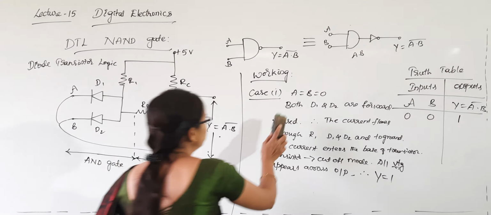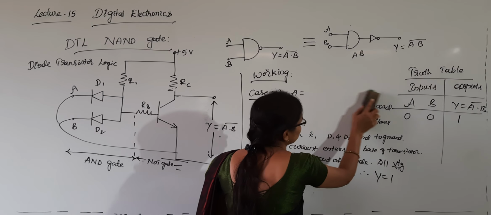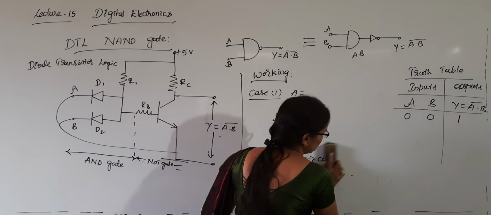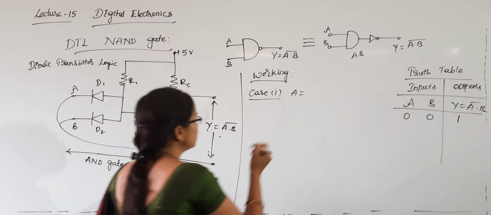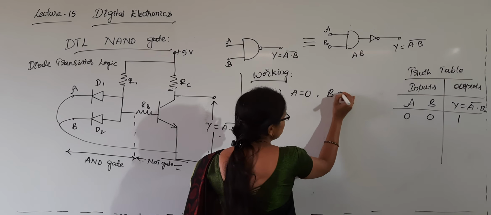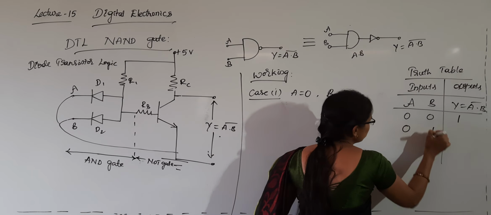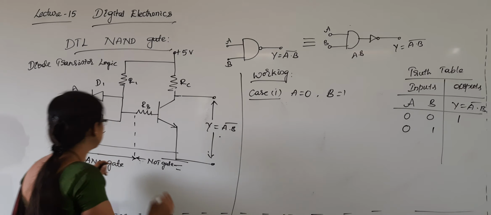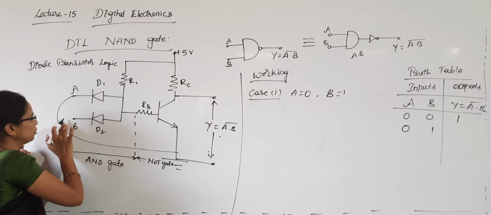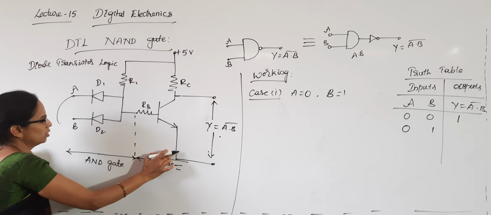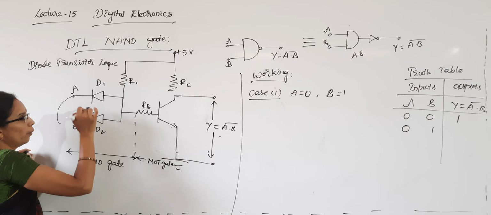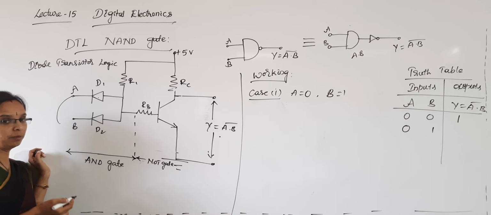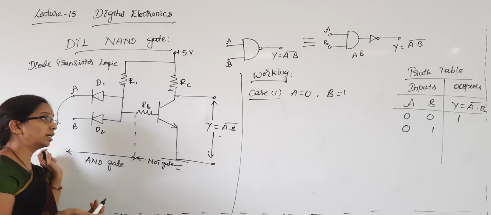Okay. In case 2, A is equal to 0, B is equal to 1. What happens? That time, B will be 1, so we will connect this B to plus 5 volts, and A to ground. The diode D1 will be forward biased and starts conducting.